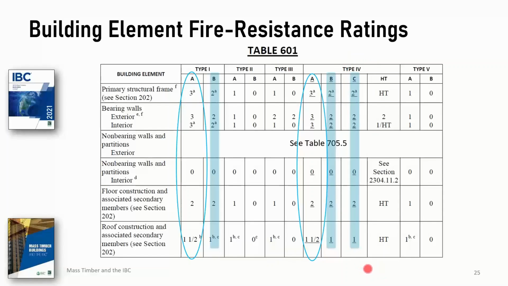But the height in feet above grade was not increased above what's permitted for traditional type 4 heavy timber. And there are many reasons for that. Primarily, this is a lot of exposed mass timber. So the fire risk could be considered similar in terms of height and feet above grade to traditional heavy timber, even though it is more highly fire resistance rated. There's more mass to the timber.